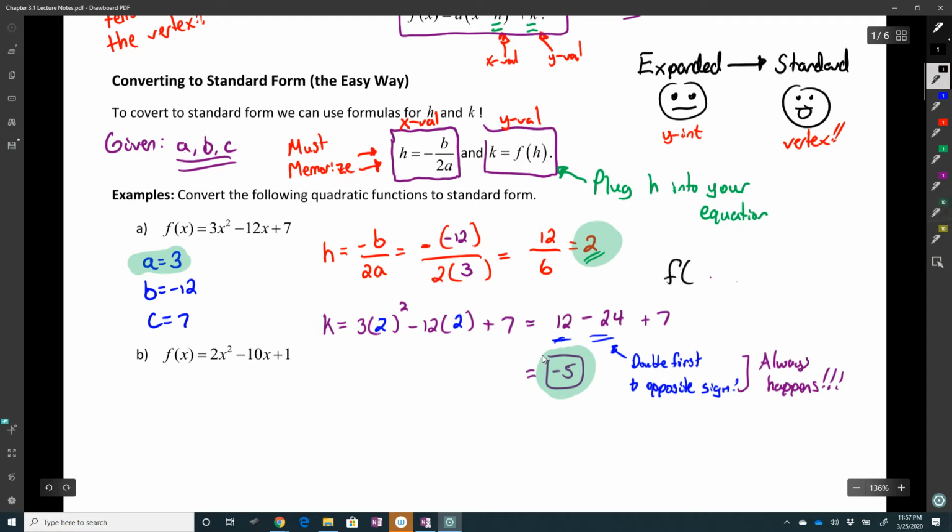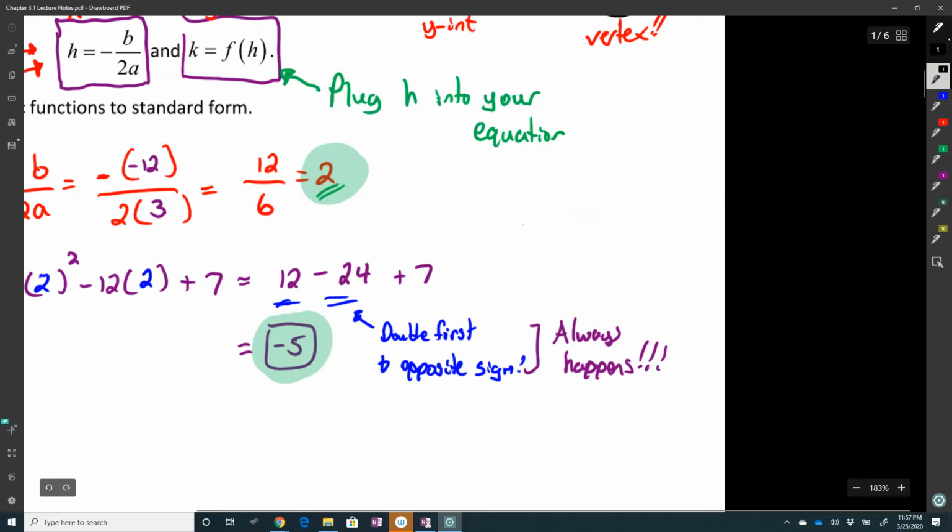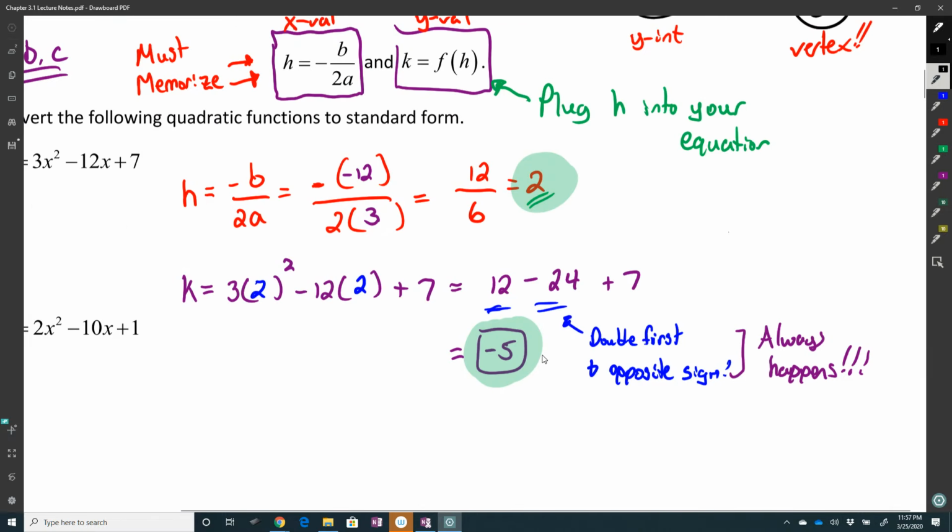F of x, so, having trouble with screen real estate today. So the formula is f of x equals a times x minus h squared plus k. So I just plug in the numbers I found.